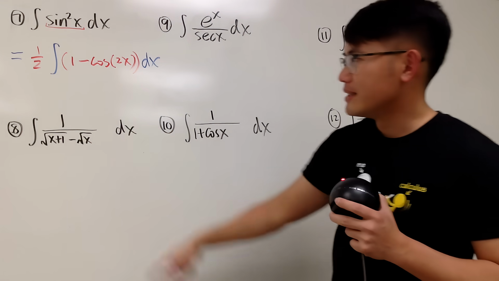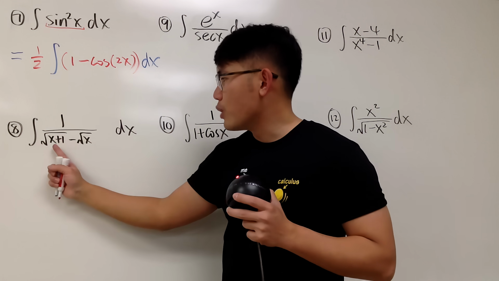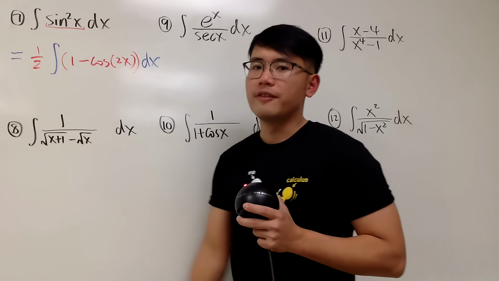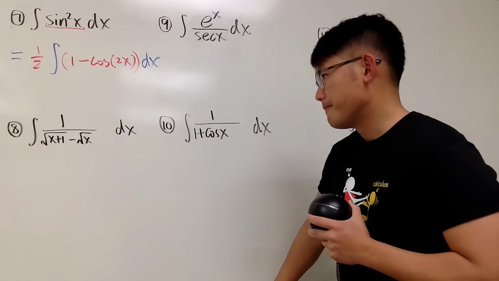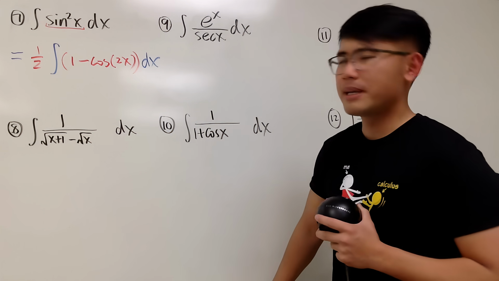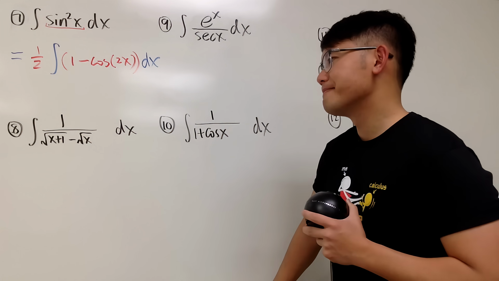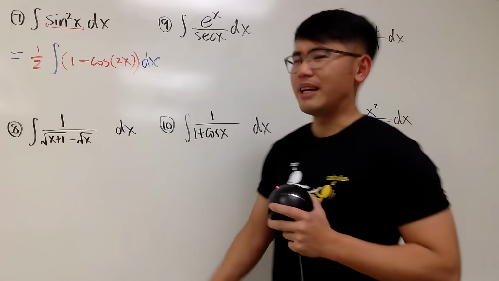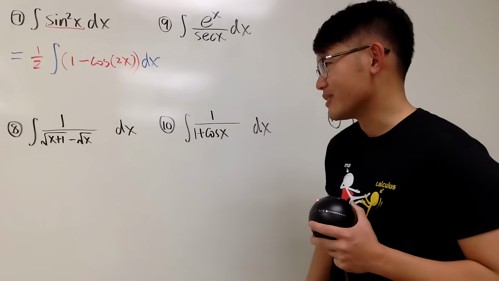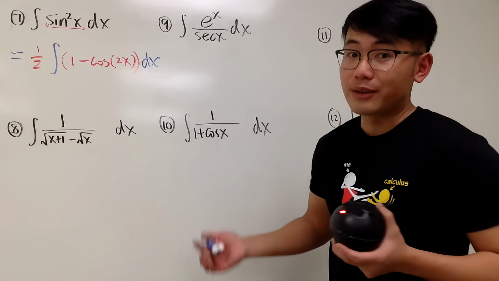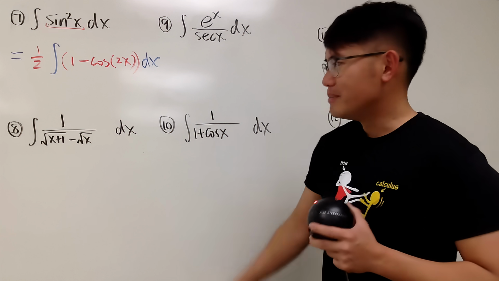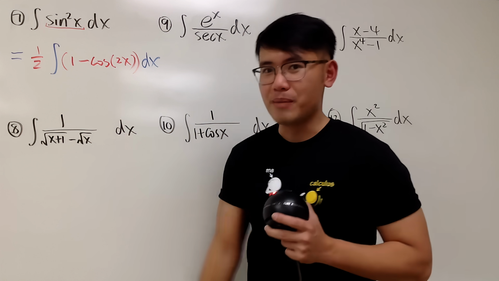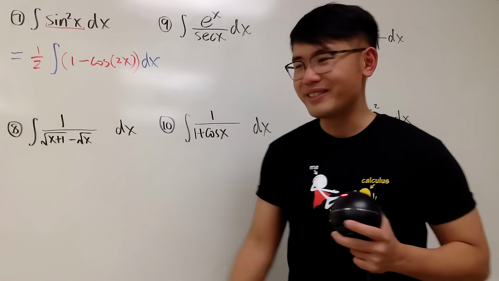Now, number 8, the integral of 1 over square root of x plus 1 minus square root of x. In this case, I don't think u sub can help us out. With 2 square roots, I don't think u sub can work this out nicely for us. It maybe works, I don't know. But I know that maybe I can get rid of the square roots in the denominator, just like the good old days, right?